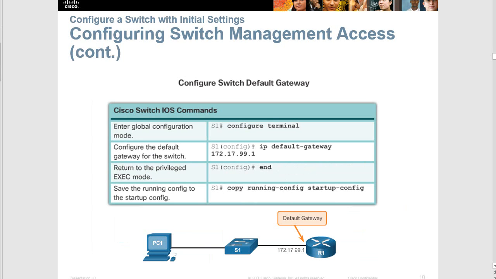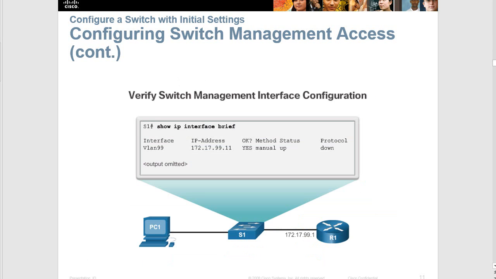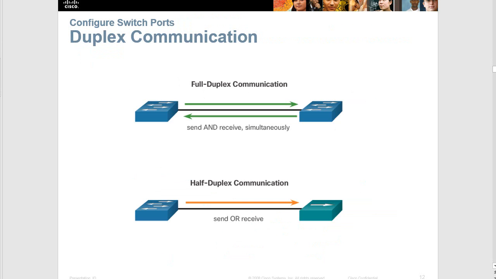And there it is, in global config, the ip default-gateway that you'd want to type in. And here's our show ip interface brief to confirm that everything went okay. Our management interface is up, and you can see that status there.